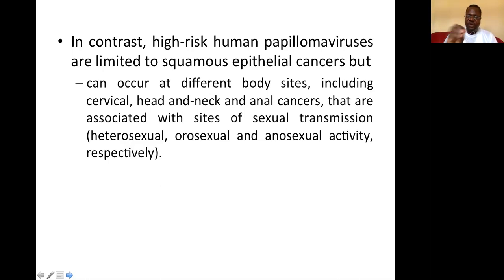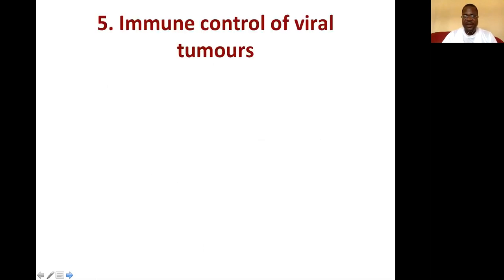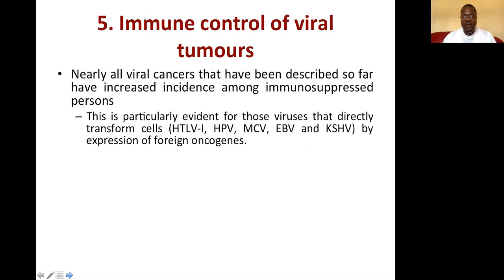It's not only a specific area. It's the same with KSHV and Epstein-Barr virus. They also have a range of tissue reservoirs from which tumors can arise. Fact number 5, it's about the immune control of viral tumors.